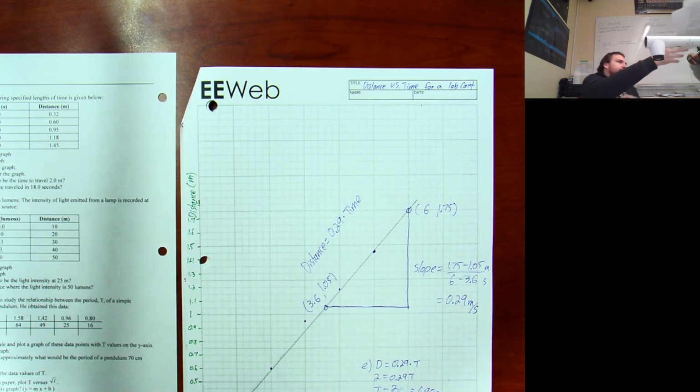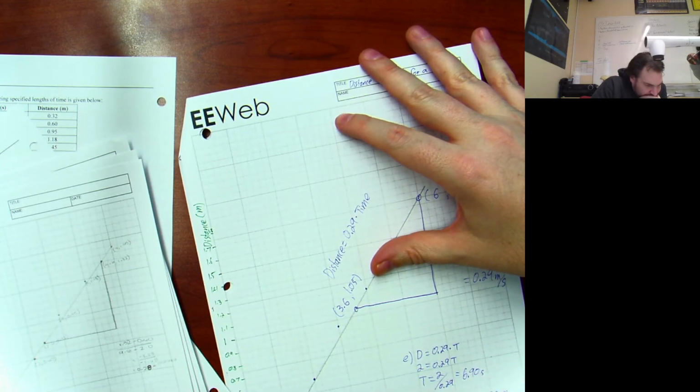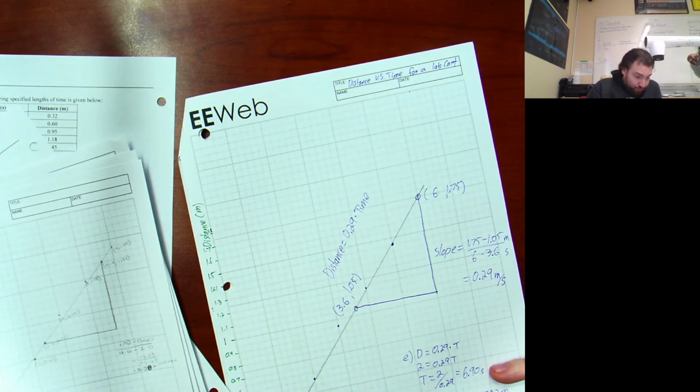Oh, really? I mean, it could just be a math error. Oh, 2.8 is 7, so you got 7 here and 6.9. That's really good.